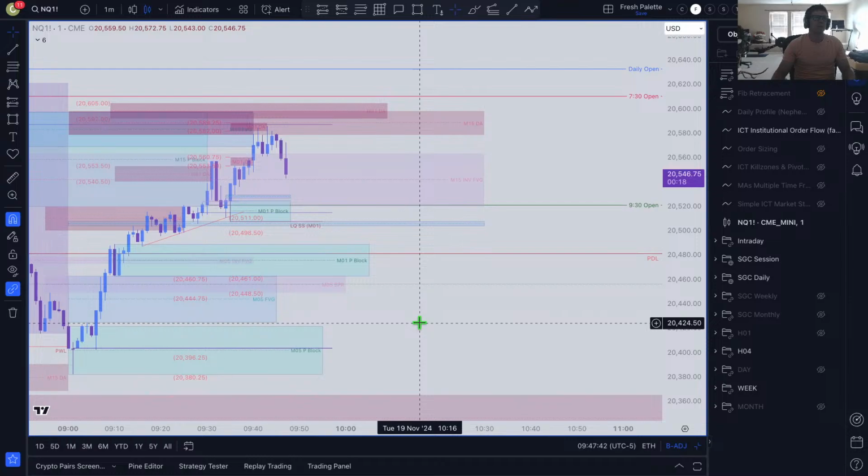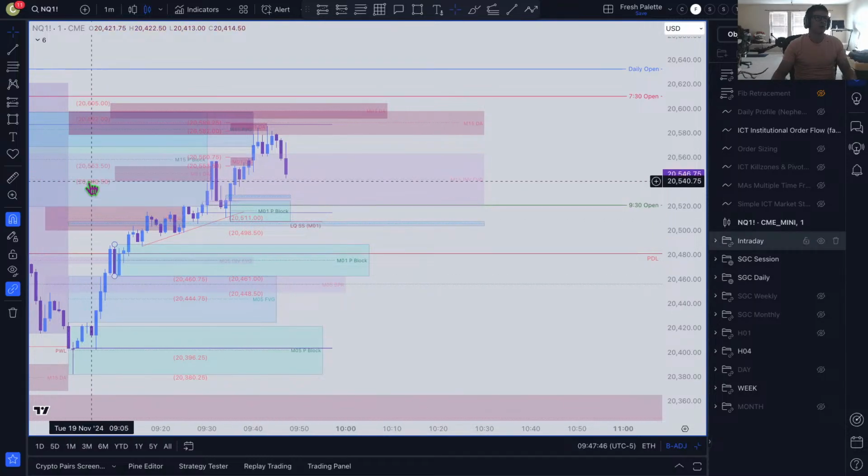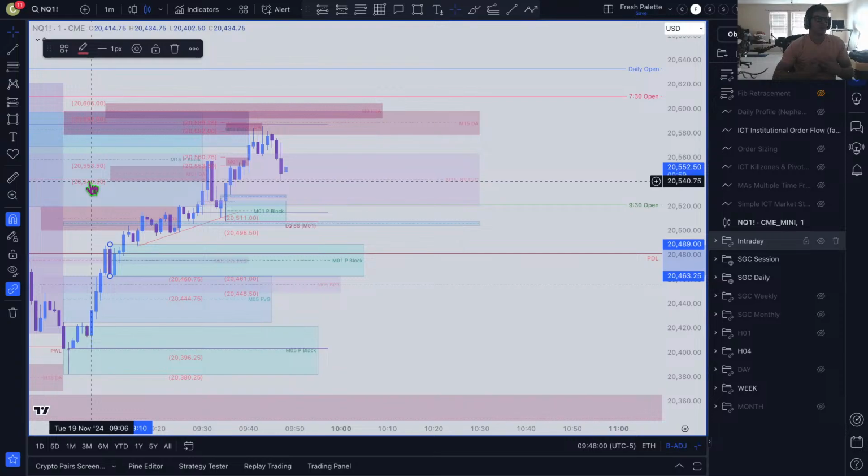And effectively, the reason that I believe that my strategy has a positive expectancy is because I wait for my 1 minute to align with my 5 minute, which is aligned with 15 minutes. So the more time frame alignments I get, the more probable the trade becomes, because there's more reasons for it to go the direction that I expect it to go.